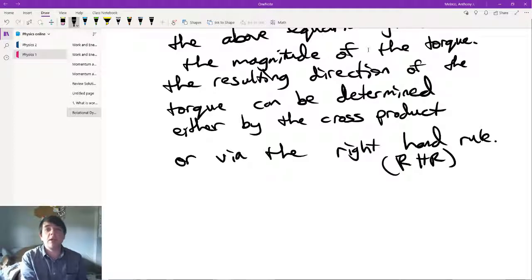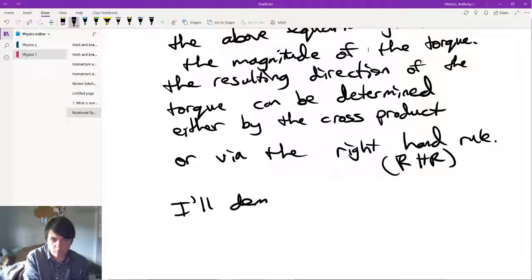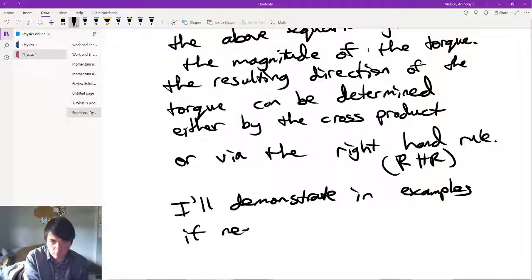And if we're doing it in this, for an example, I'll show you how to do it, if needed.